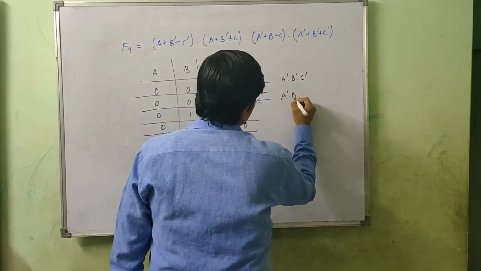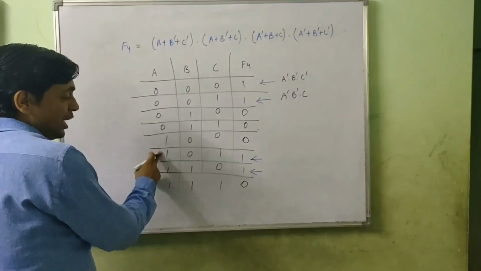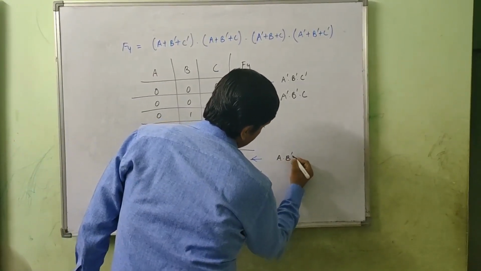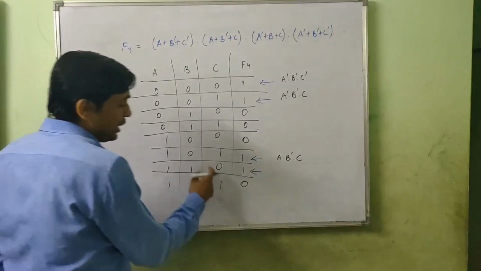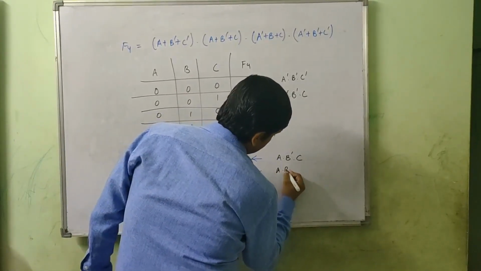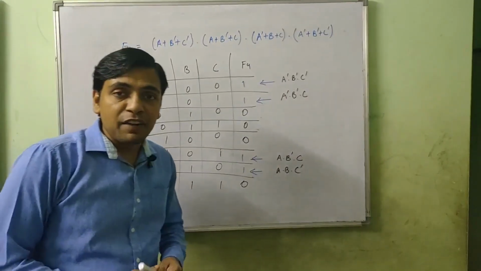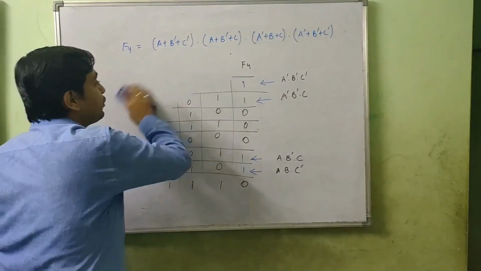This one is a and b complement and c, and this one is a, b and c complement. You should remember while working with min terms and max terms when you have to work with zeros and when you have to work with 1.